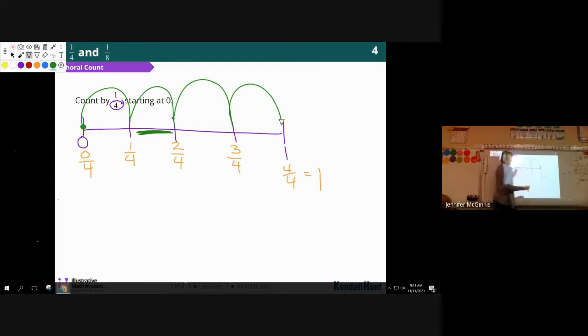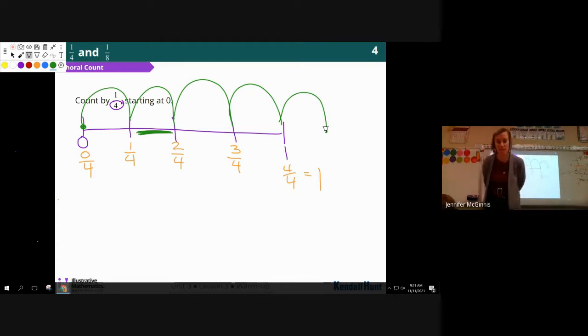If I was counting by 1/4, what would this be? 5/4, 6/4, 7/4, 8/4, 9/4, 10/4, 11/4, 12/4, and on forever. Look at what you notice here.